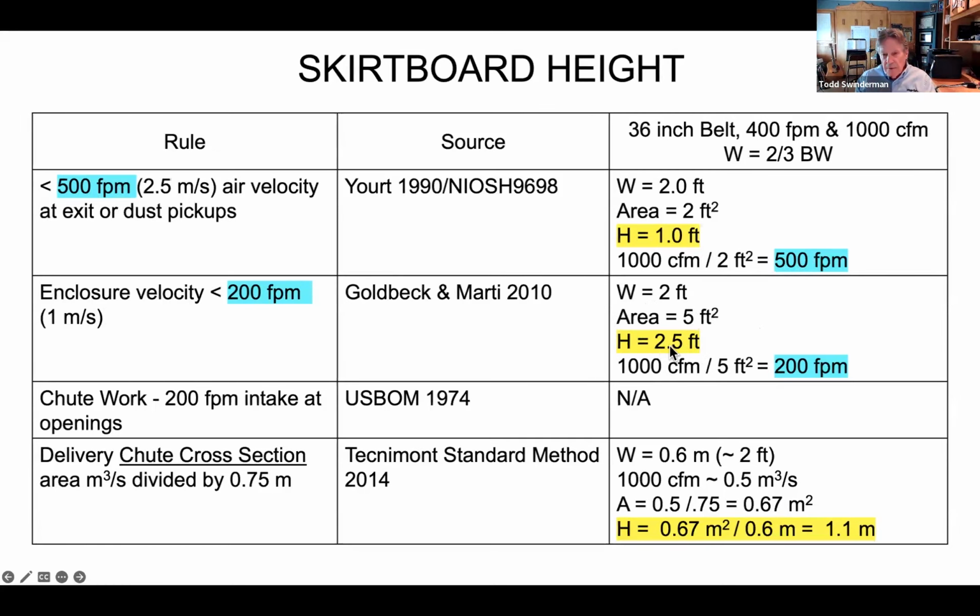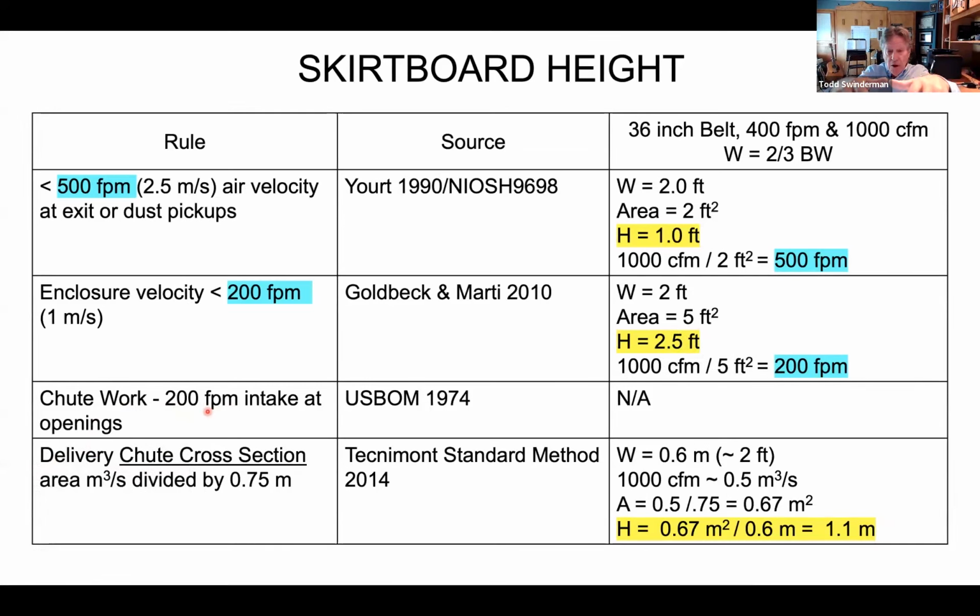So in this case, I would have to increase my height to 2.5 feet to get my airflow down to 200 feet per minute. This is the primary tool we use to determine the height of the skirt board. Then you've got to go back and check the CEMA chart to make sure that your lumps will pass through and everything else. So you've got to trade off in your design decision there. This is important. This next one, the chute work for air coming into your conveyor.